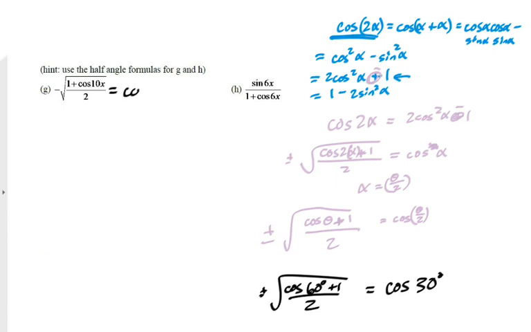Half plus cosine 5x. That's it. But because that has a negative right there, we have to do the negative of the absolute value of this. That just guarantees that it's negative. But the point is just knowing the half-angle formula and being able to use it.